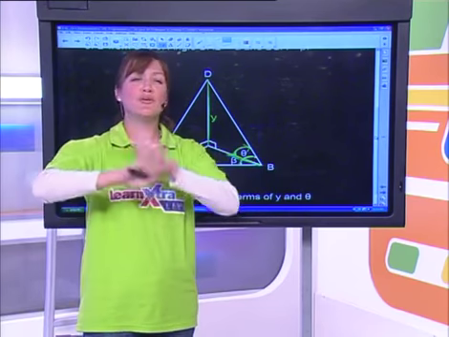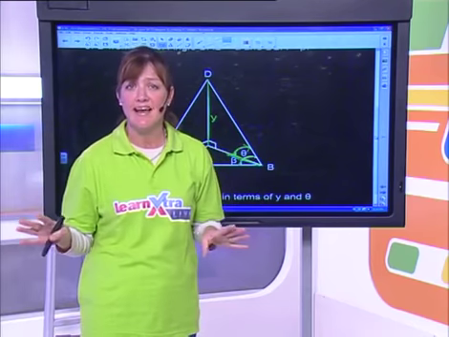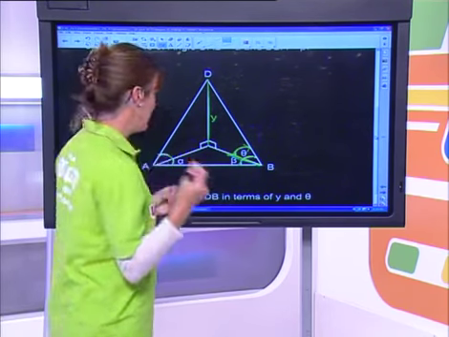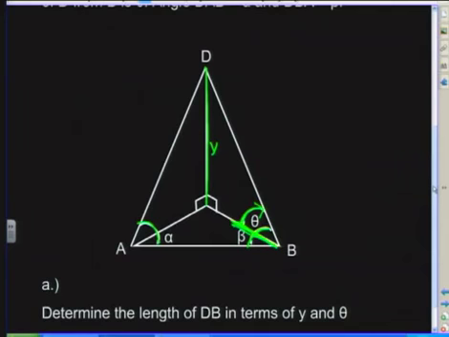Before you even start trying to find any missing sides or angles or applying any sine or cos rule, find missing angles. An example would be something like this. If that's alpha and that's beta, this angle over here is 180 minus alpha plus beta. And we know that because it's the interior angles of a triangle, all right?